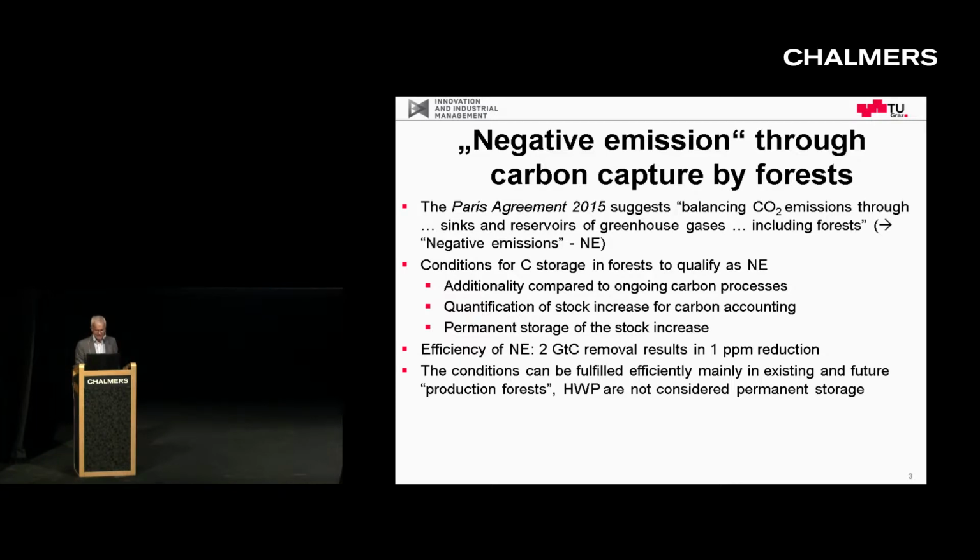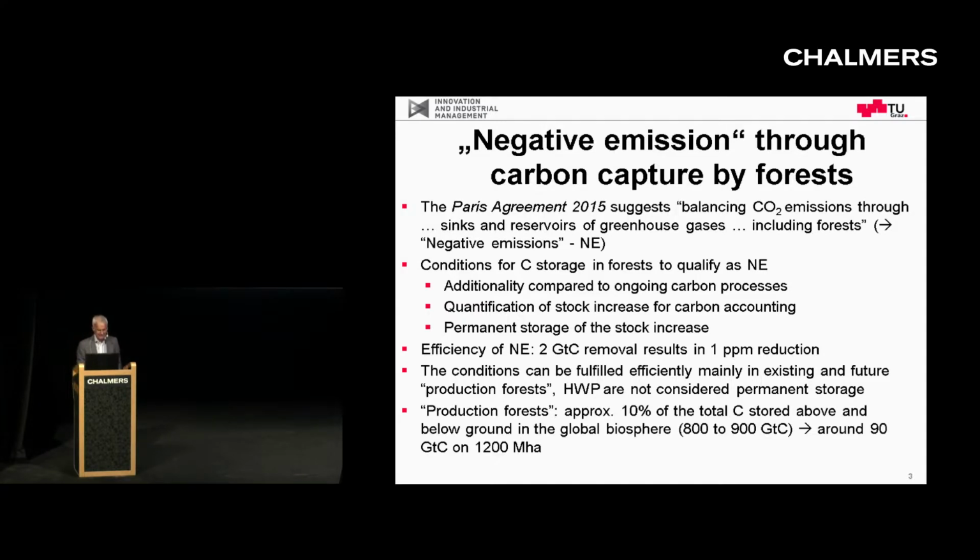At this point, I have to mention that harvested wood products will not qualify for permanent storage. What is production forest? Approximately 10% of the total carbon stored above and below ground in the global biosphere. 10% of this 800 to 900 gigatons are considered production forest.